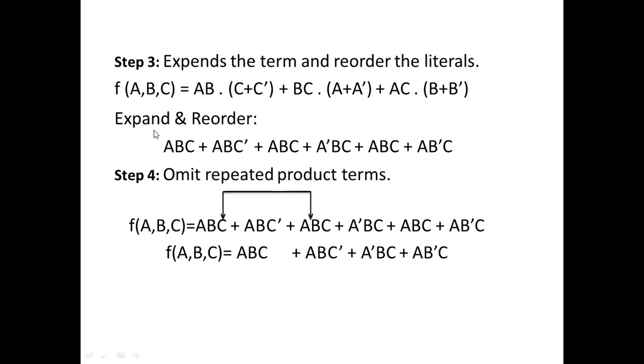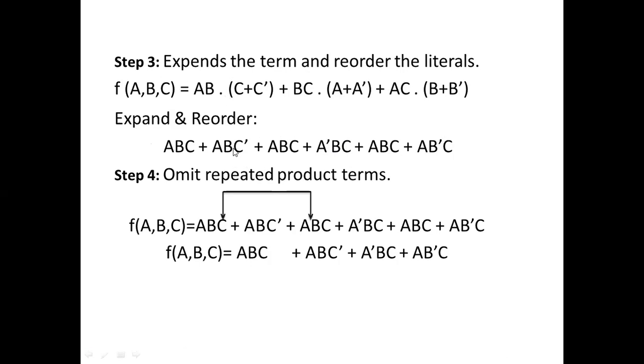Expanding and reordering: ABC, ABC bar, ABC, A bar BC, ABC, AB, A B bar C. After the calculation, the expanded and reordered terms are given in front of you. So we are expanding these terms and reordering them.